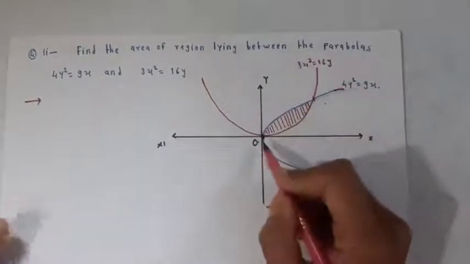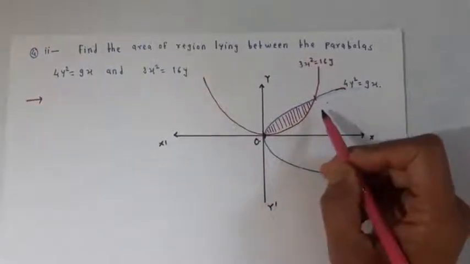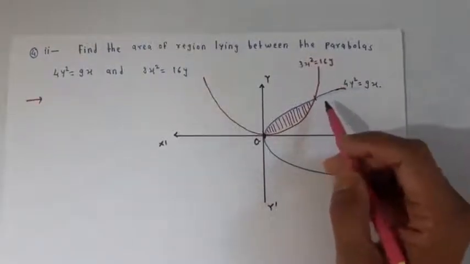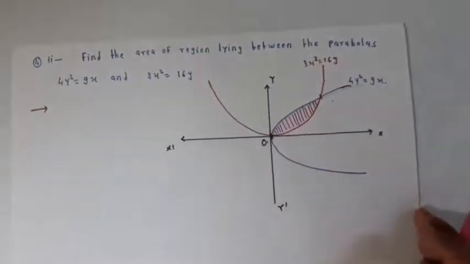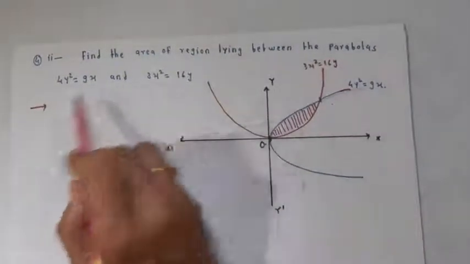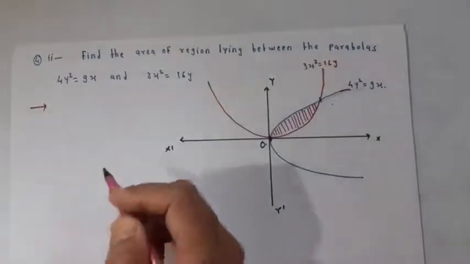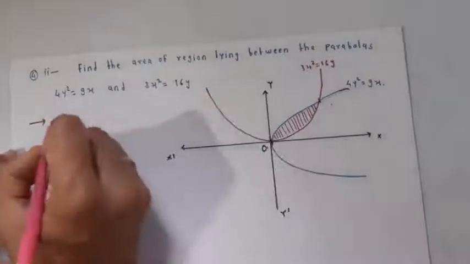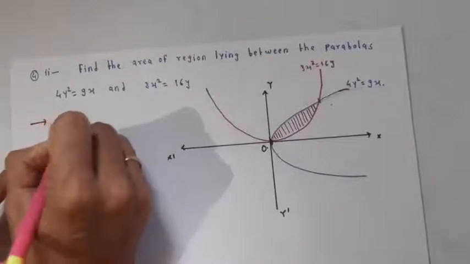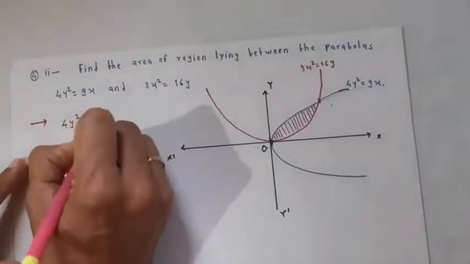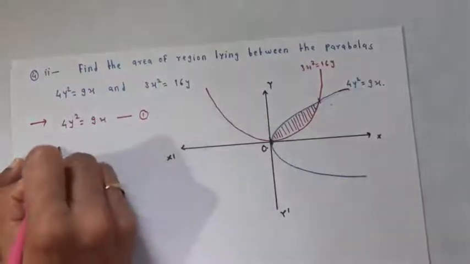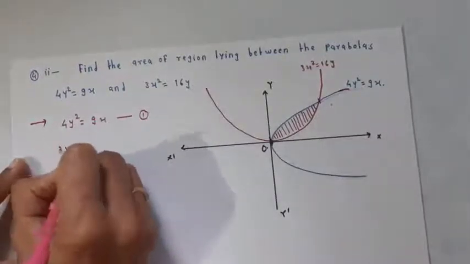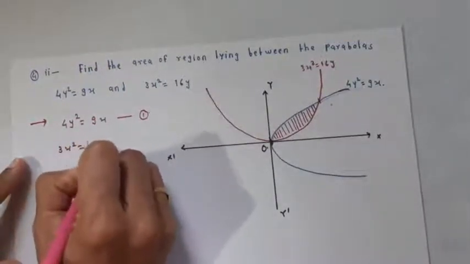Obviously, one point is 0, 0. Let us find the other point of intersection by solving the two equations. The first equation is 4y square equal to 9x. The second equation is 3x square equal to 16y.